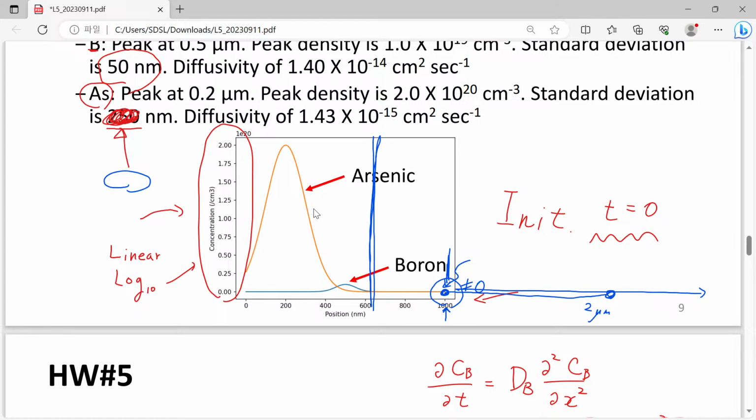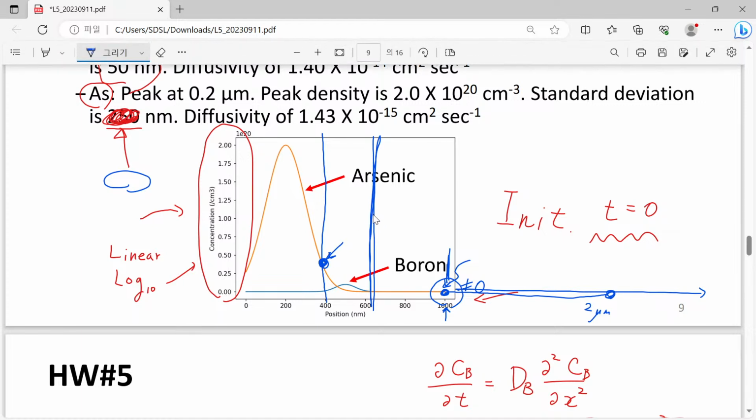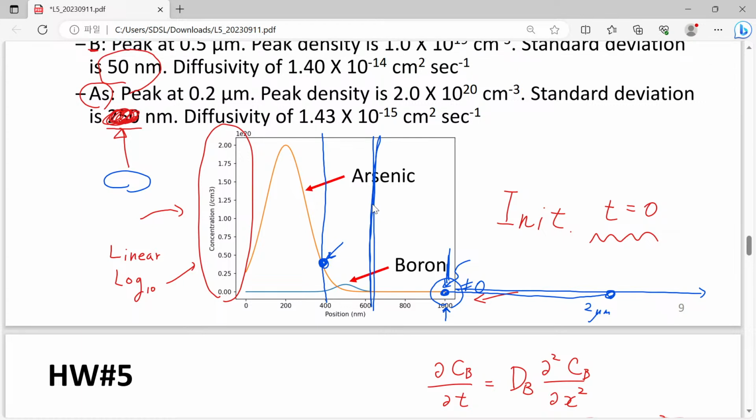How about 400? Can you fix at this point and let it be fixed even after 1 hour long diffusion? It's not possible.